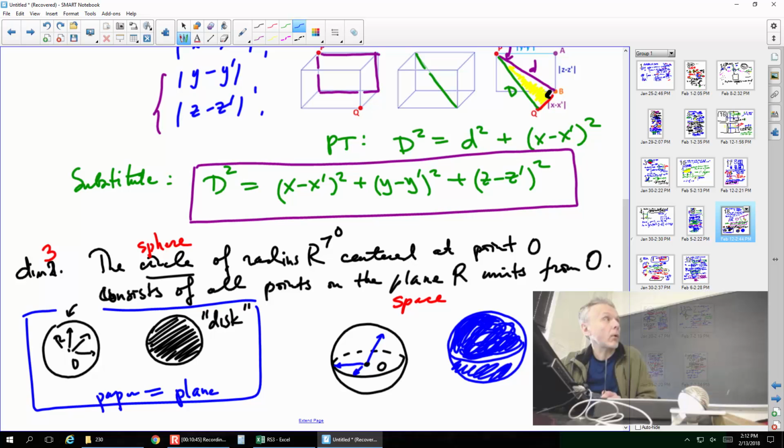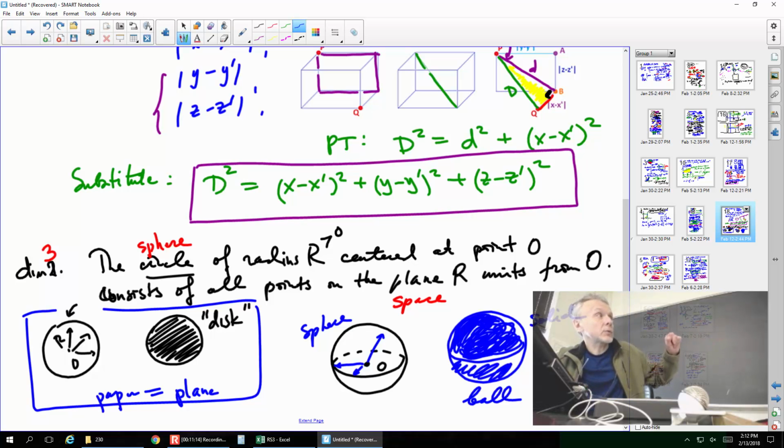It is the whole solid that is enclosed by the sphere. So once again, this is a sphere, and this is a ball. That's a term normally used in mathematics when referring to things enclosed by spheres. It's called a ball.